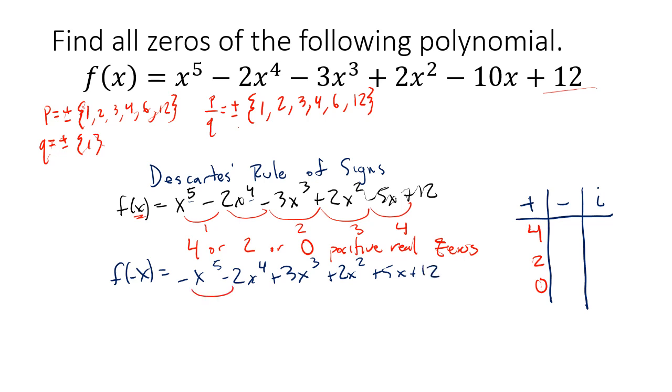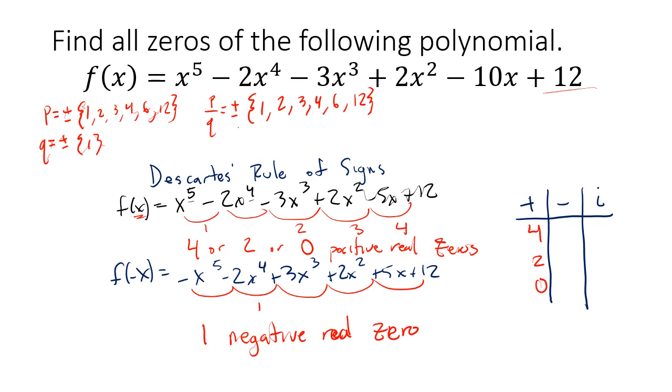We have negative, negative, no, negative, positive, yes, positive, positive, no, positive, positive, positive, no. So there's only one. This is actually very useful. There is only one negative real zero. It doesn't really mean there is only one, but it means that the graph of this thing crosses the x-axis on the negative side once.